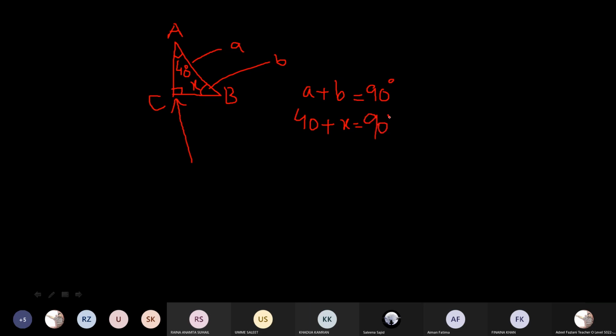You tell me what is the answer then? X is equal to 90 minus 40, which is 50. Yes. And this is not required to do in steps, right? This is quite easy. If one angle is 40, what is left in 90? It is 50, right?